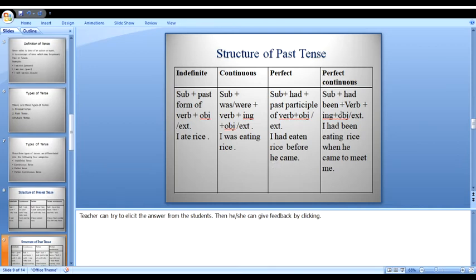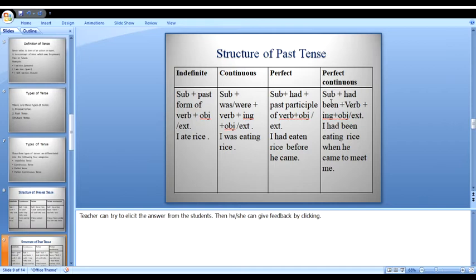Then come to past perfect continuous tense. Past perfect continuous tense is used for an action that began before a certain point in the past and continued up to that moment.